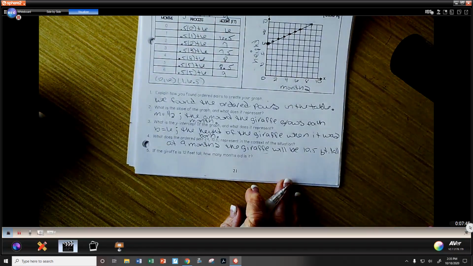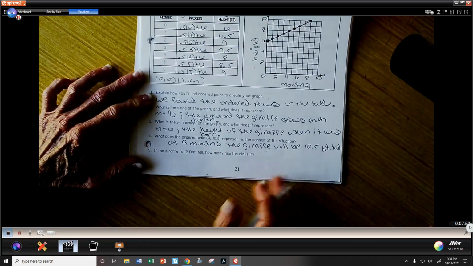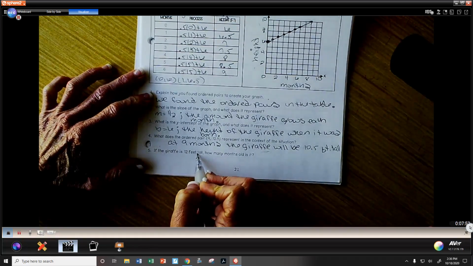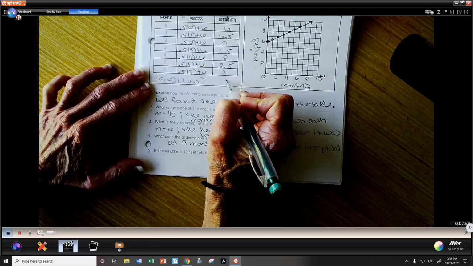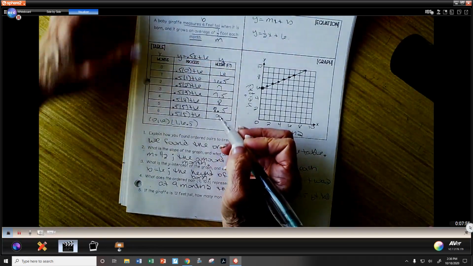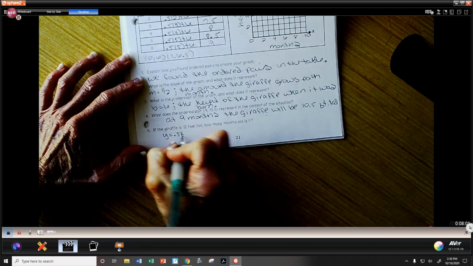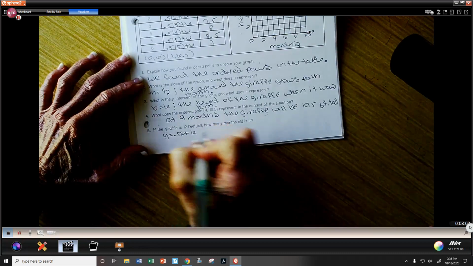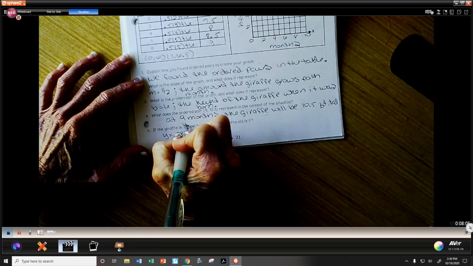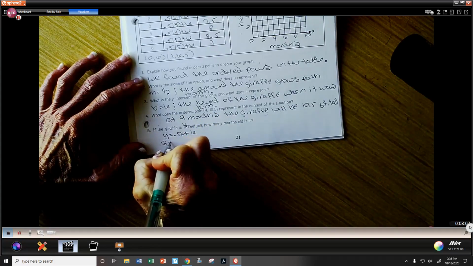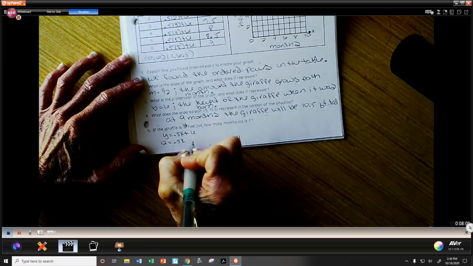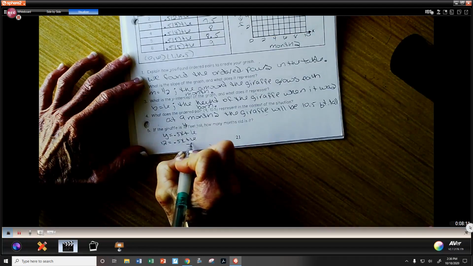If the giraffe is 12 feet tall, how many months is it? So if it is 12 feet tall, that's our height, that's our y. Remember, we have our equation, y equals 0.5x plus 6. I can plug that in right here and just solve it.